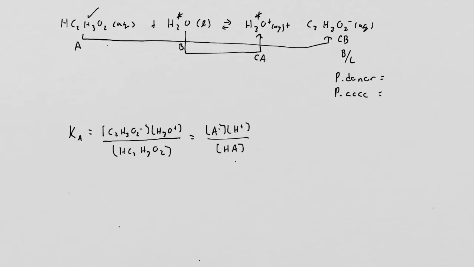So if you look at the value here, Ka is equal to 1.8 times 10 to the minus 5. Again, it's unitless because it's an equilibrium constant. What you have here is a lot of denominator and not much numerator, which tells you that acetic acid is a survivor.